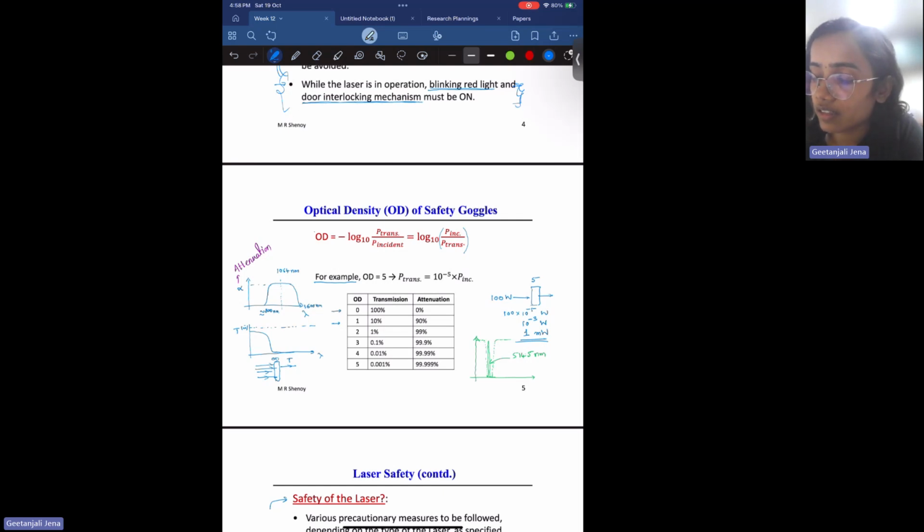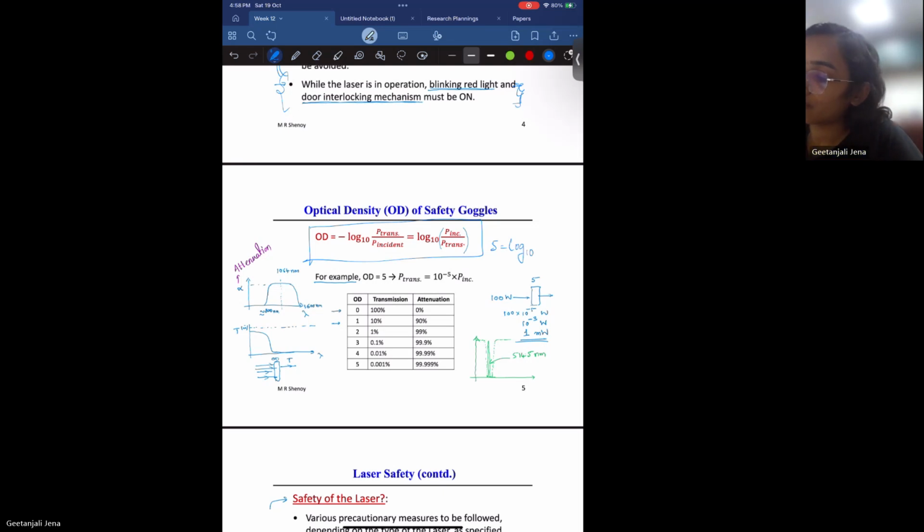It is given by OD equal to minus log 10 of P transmitted divided by P incident, and you can also write it as log 10 of P incident divided by P transmitted.